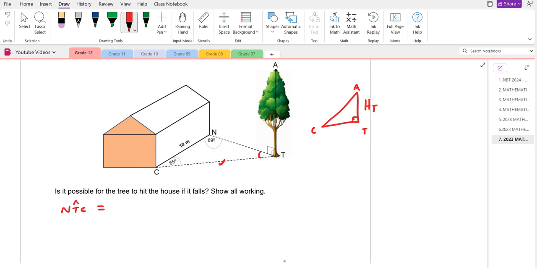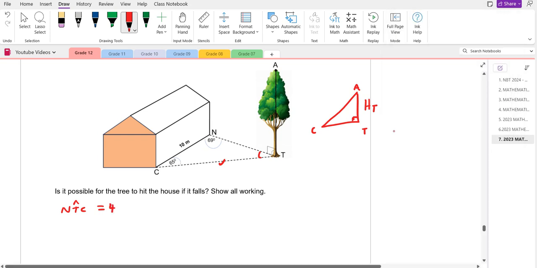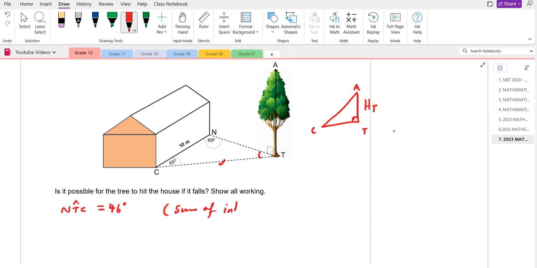So NTC is equal to 180 minus 69 minus 65, so sum of angles of triangle. So I've got 46 degrees. This is sum of interior angles of triangle NTC on the horizontal plane.